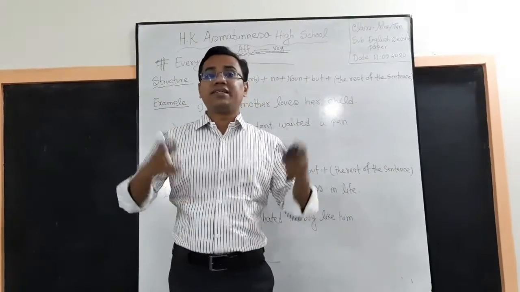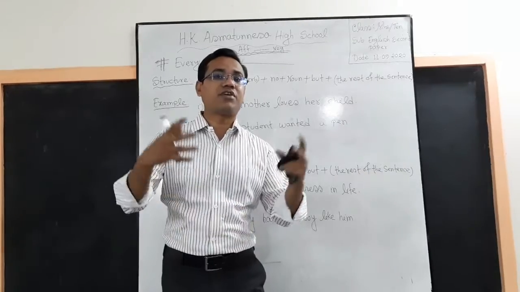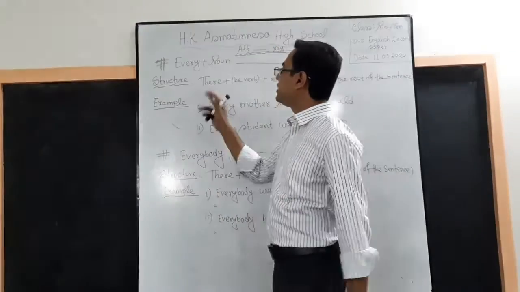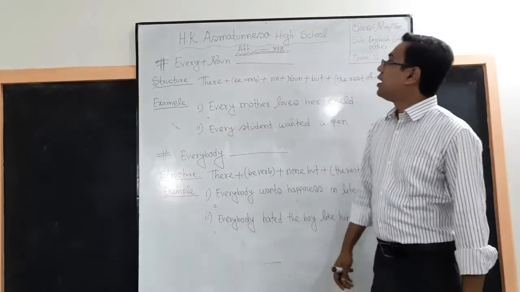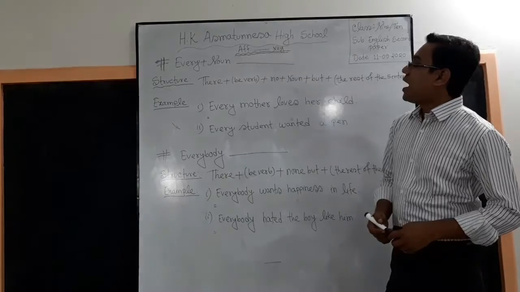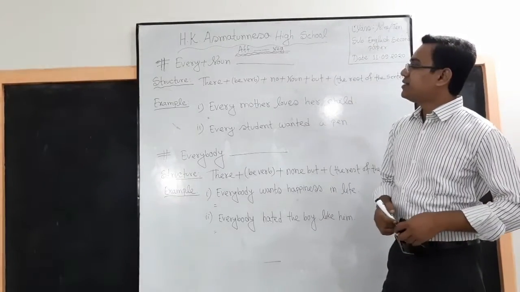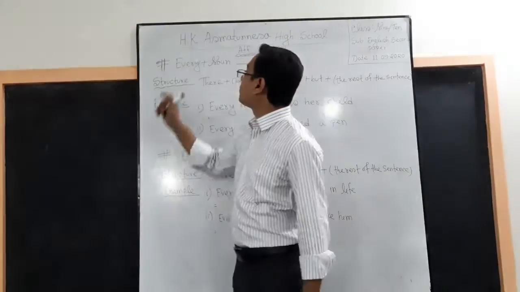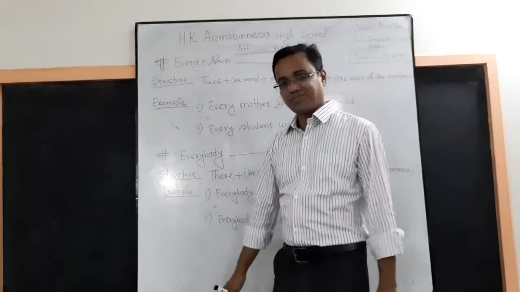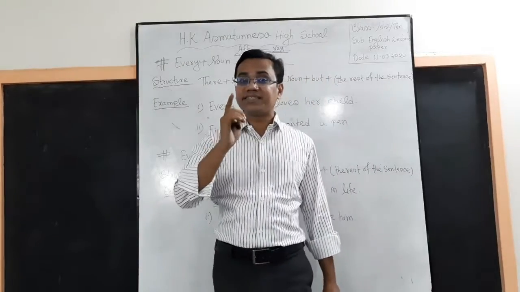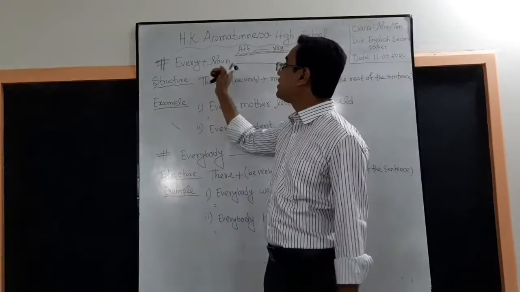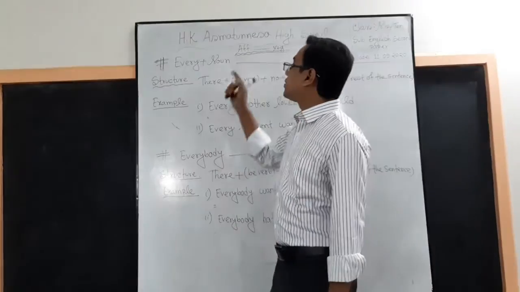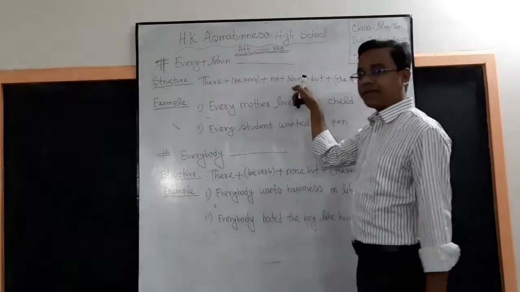Let us see how to change a sentence from affirmative to negative. Students, I hope that you all have seen that I have written a rule on the whiteboard. It means if an affirmative sentence starts with every plus noun, that means if the subject of the sentence is every plus noun, the structure will be like that.